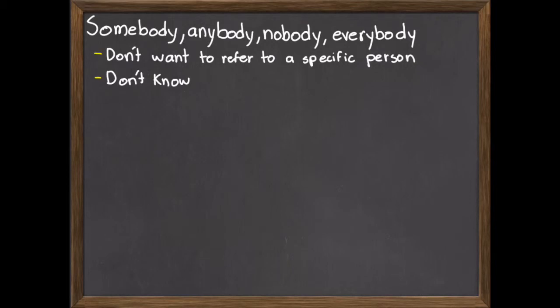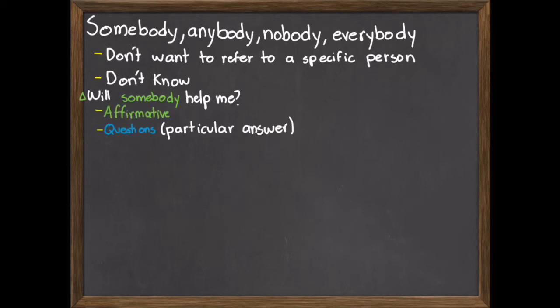For example, let's look at this sentence. Will somebody help me? Here we're using a question, but we can also use somebody for affirmative sentences and questions that expect a particular answer. In this example, we expect the answer to be yes.